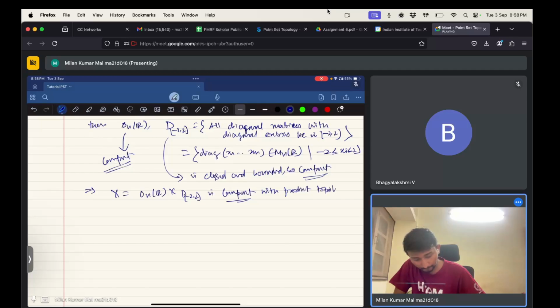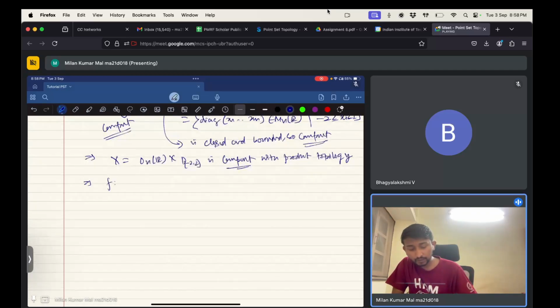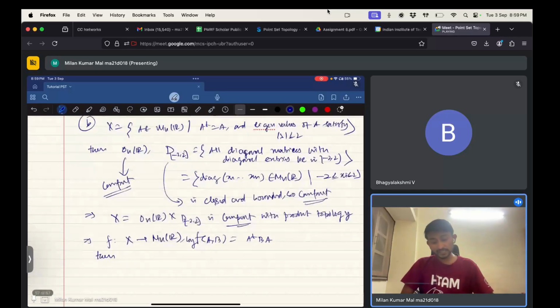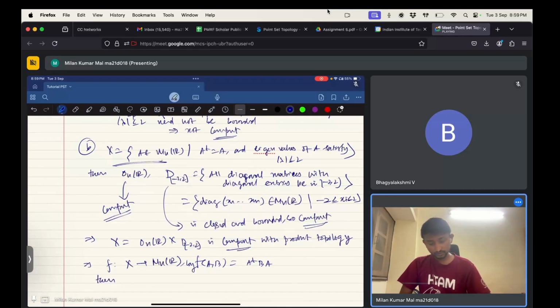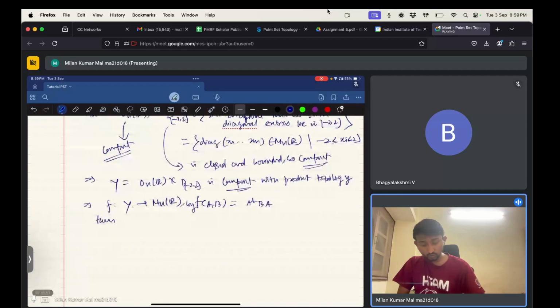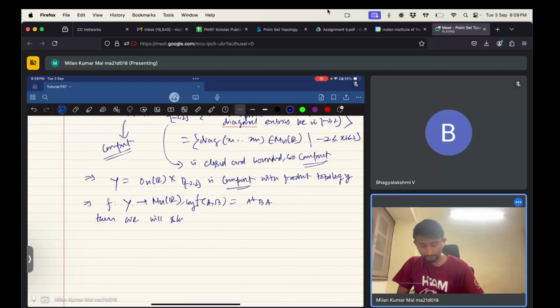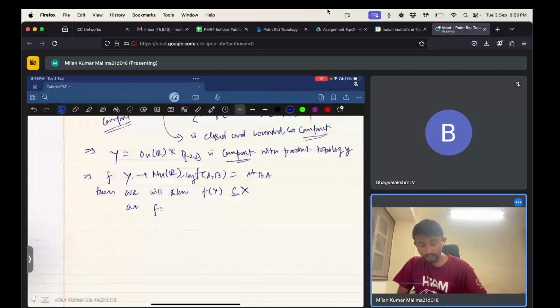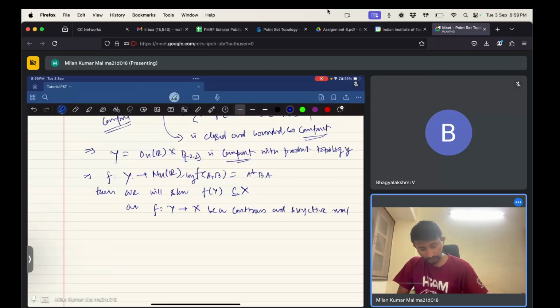Product topology. That means if I give a function f from Y to MnR by f of (a, b) equal to A transpose B A, then similarly we will show that the image is contained in this particular set X. So f of Y is contained in X, and f from Y to X is a continuous and surjective map.